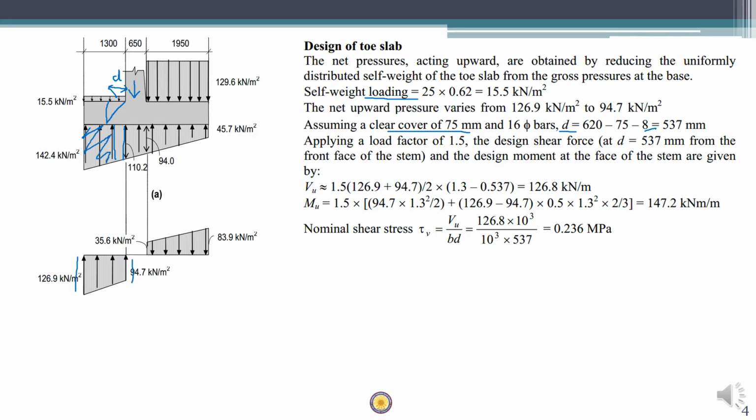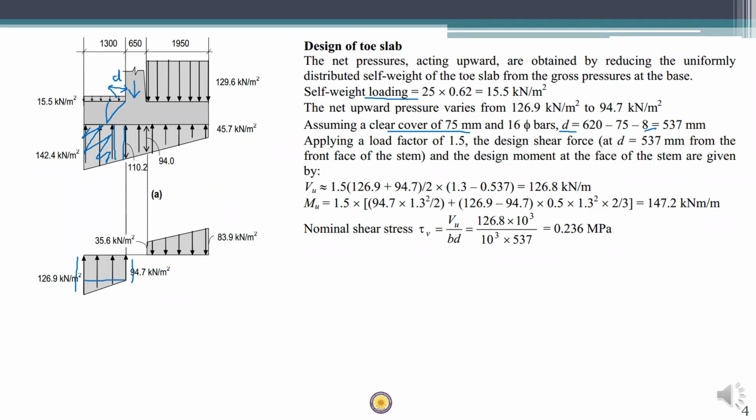Okay. Next is we have to find out Mu. Mu also has 1.5 as the load factor, and it has to be multiplied with the moment. So this trapezium is now divided into two parts, a triangle and a rectangle.